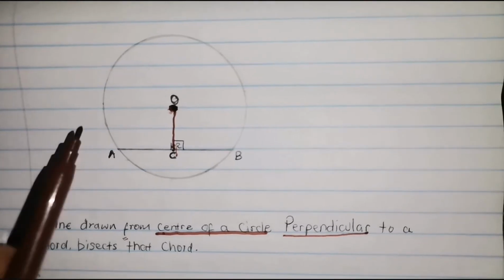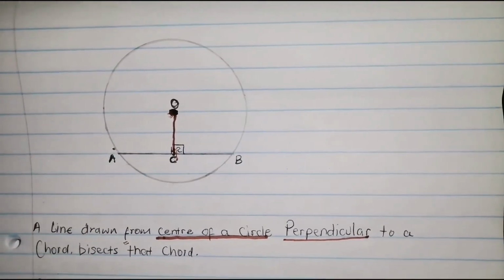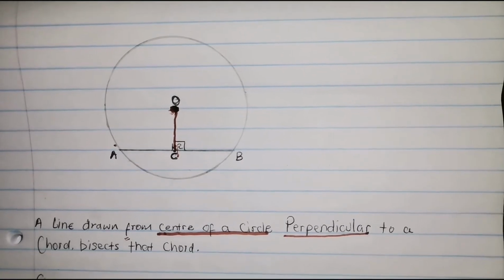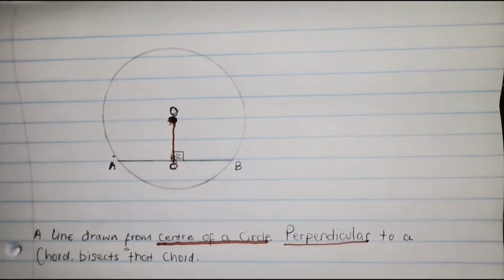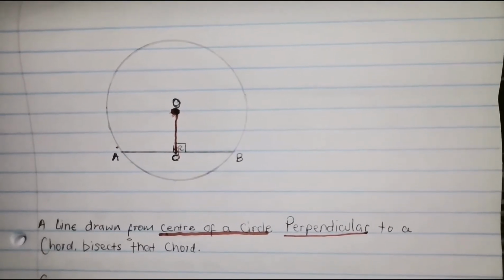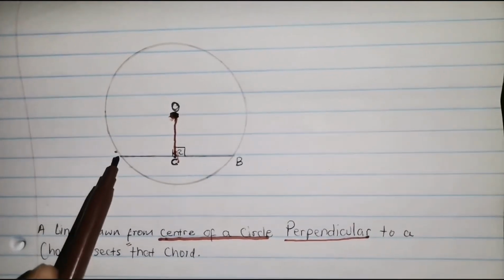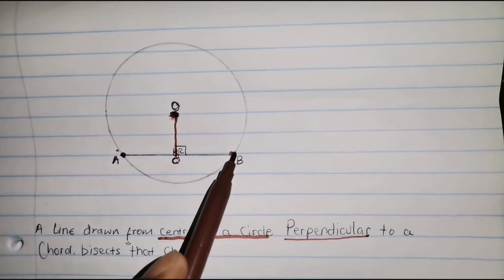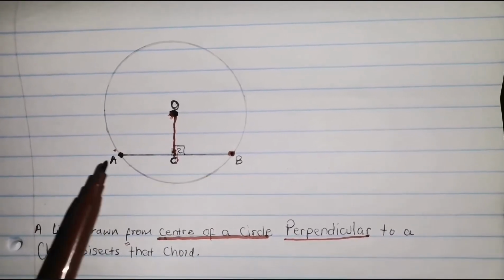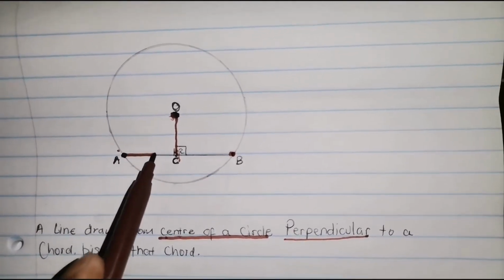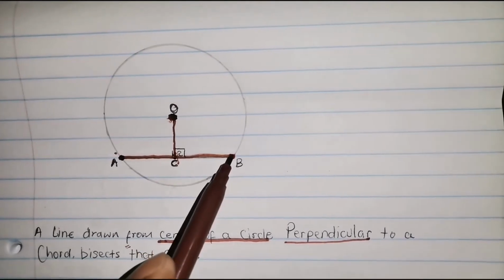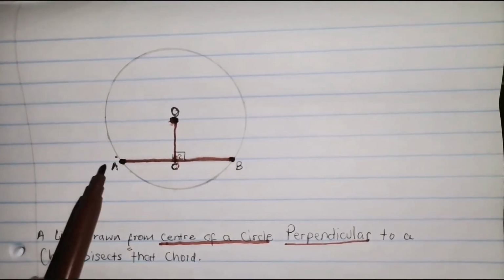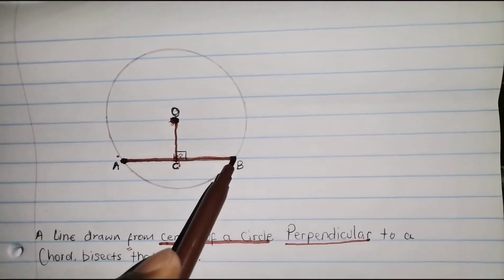If you have a line that touches one point of the circle and another point of the circle, on the circumference, that line is called a chord. This line AB is our chord.